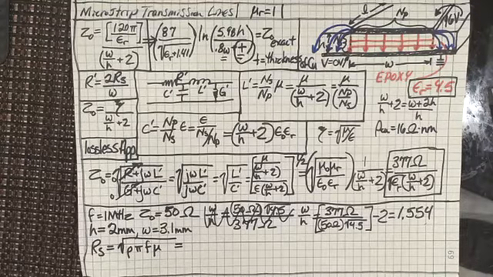I've got the number right here, 251 times 10 to the minus 6 ohms. But I just want to punch that in.